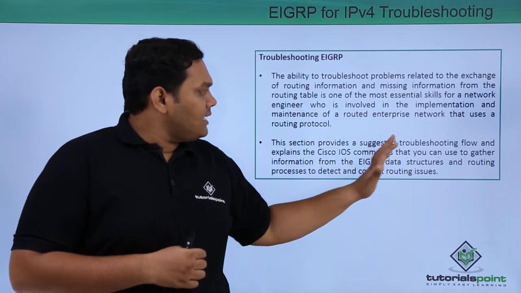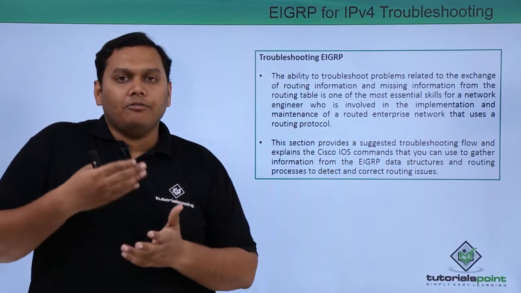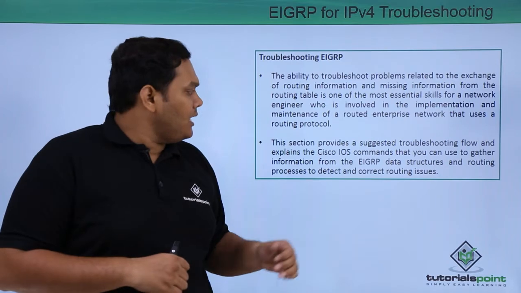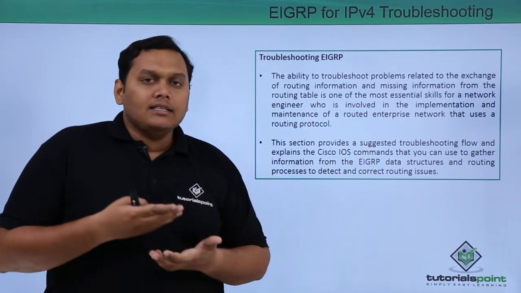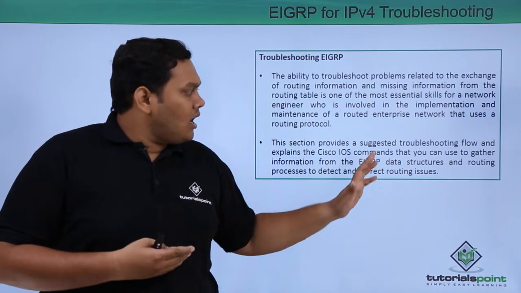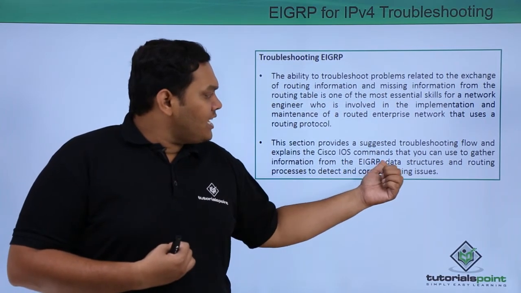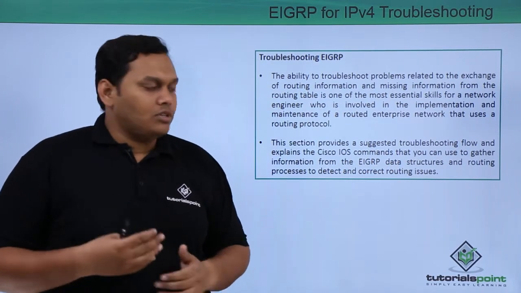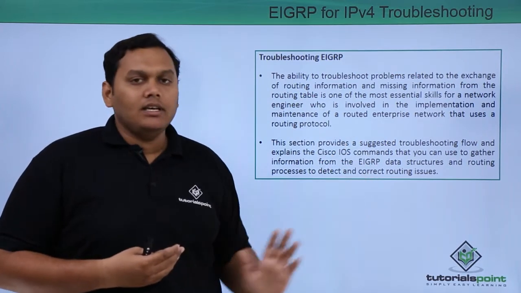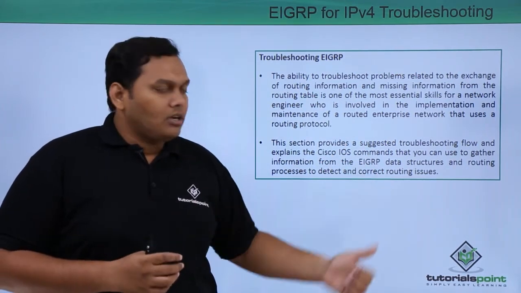So this section helps you find the troubleshooting workflow in EIGRP and also explains the Cisco IOS commands, how they are used to gather information, the EIGRP data structures, and the routing processes to detect the correct error of the routing issues.